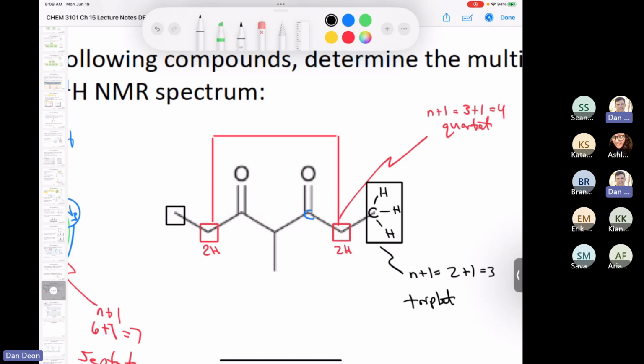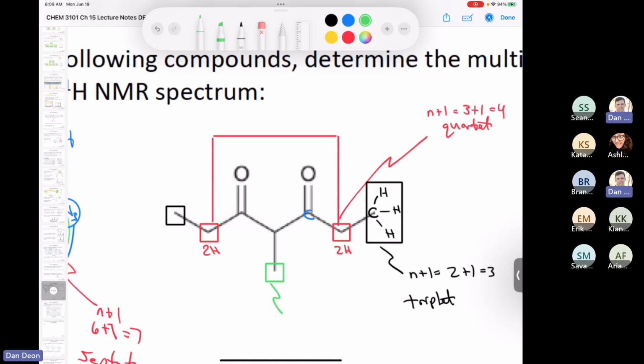Okay, so you get a triplet for both of those methyl groups that I have in the box with the black ink. So let's say I take this methyl group here. This is a methyl group, but it's not chemically equivalent to the 2 in the black boxes. Okay, so this one in the green box here, could anybody tell me what kind of splitting we would get for this? There's 3 protons here, and how would they be split?